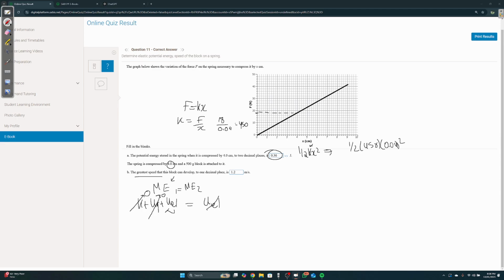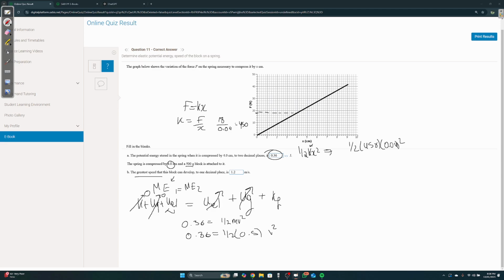Equals ME2, which is again U elastic, UG, and ME. U elastic will be 0 because it's not attached to the spring anymore. UG will also be 0 because we're not changing height, plus K final. So obviously, we're going to be left with U elastic equal to K final. So 0.36 is equal to half mv squared. Let's do it. 0.36 is equal to half times mass, which is 0.5 kilo, times v squared.